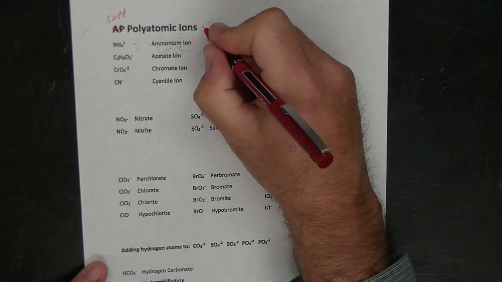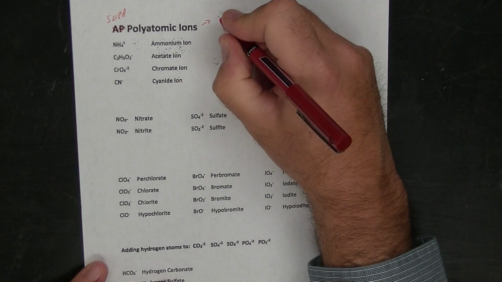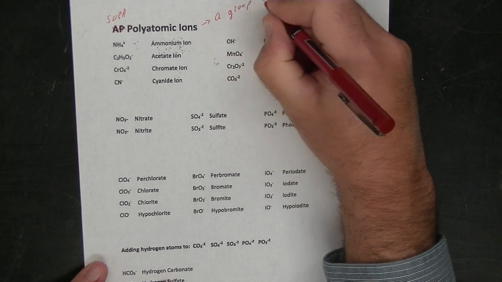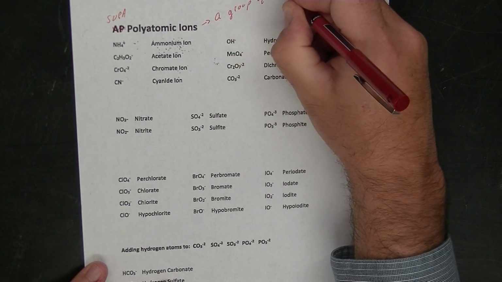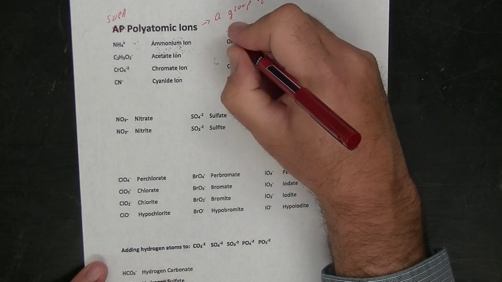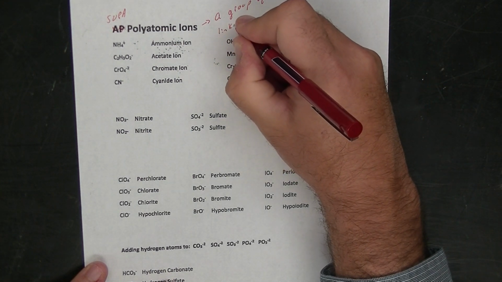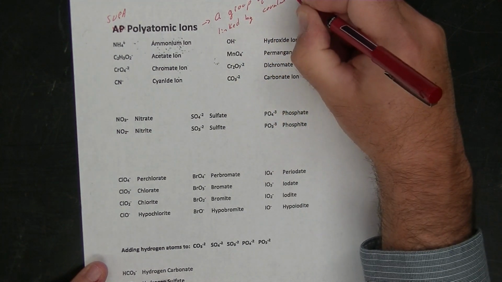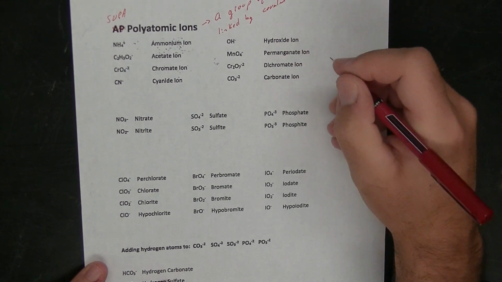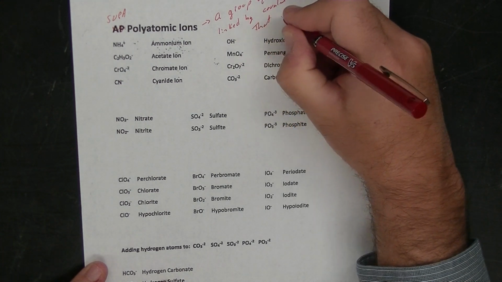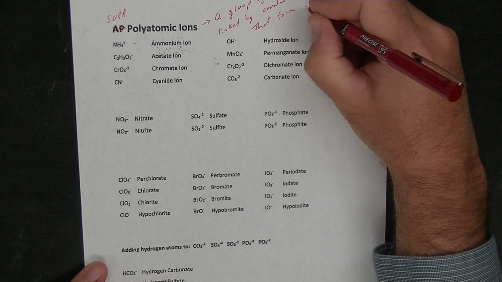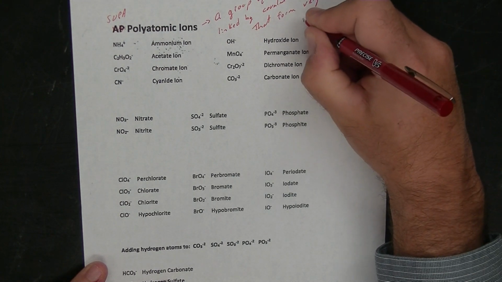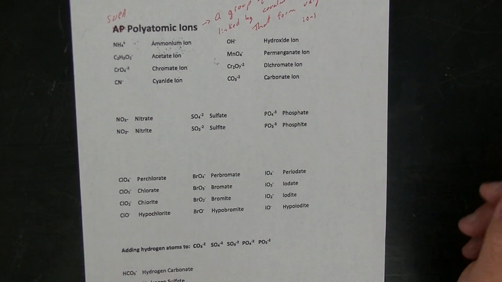Now, the polyatomic ions are a group of atoms linked by covalent bonds that form very stable ions.